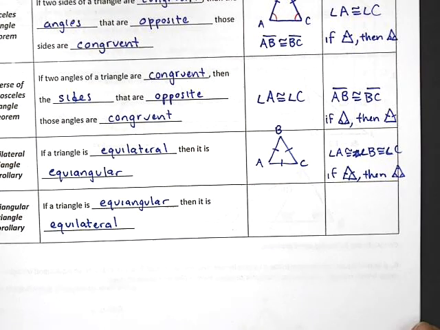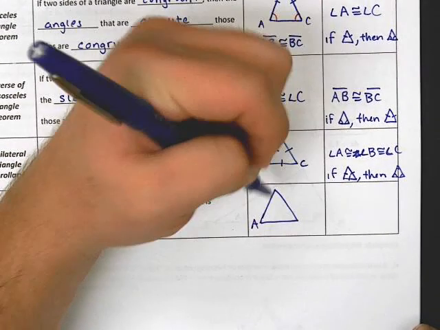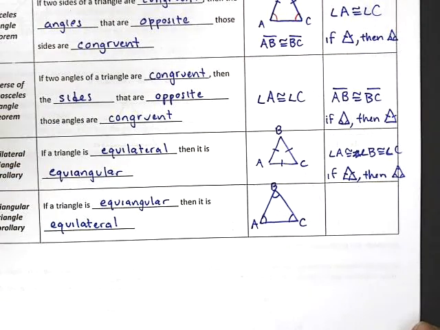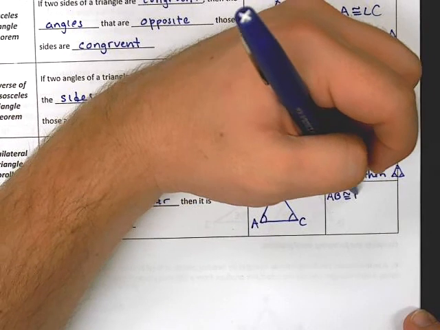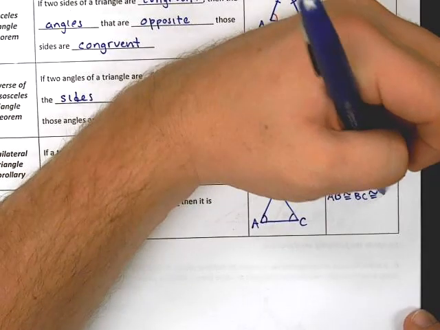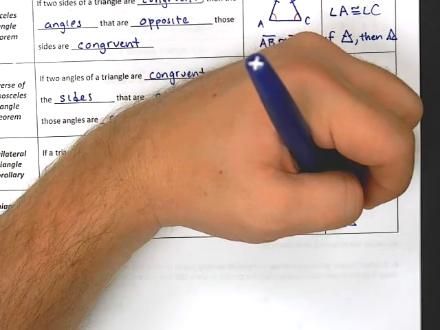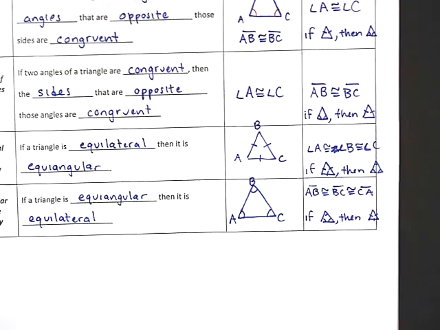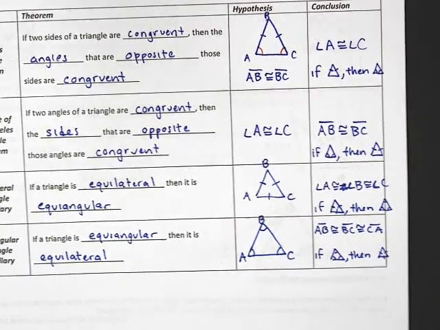All right? Conversely, if I give you that angles A and B and C are congruent, then we can say that AB is congruent to BC is congruent to CA, and my reasoning would be if equiangular, then equilateral. All right? So this is a good page to keep in mind and practice.